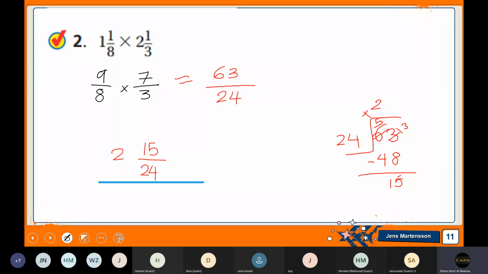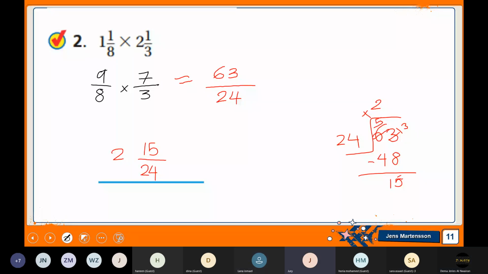Are 15 or 24 multiples of 3? 3 multiplied by 5 and 3 multiplied by 8. Yes, Hunada, can you simplify it more? Muna, can you continue, please?